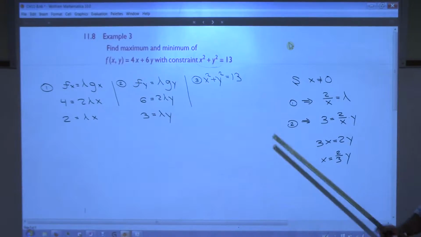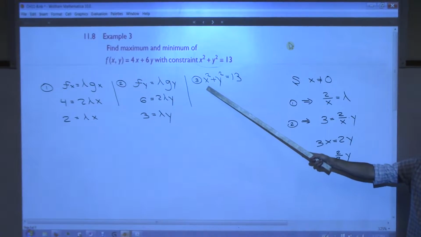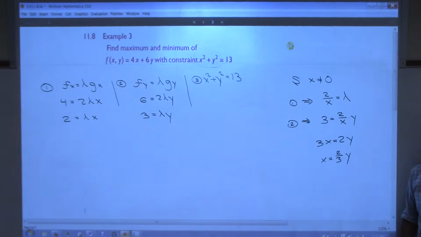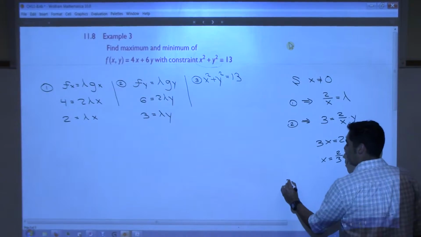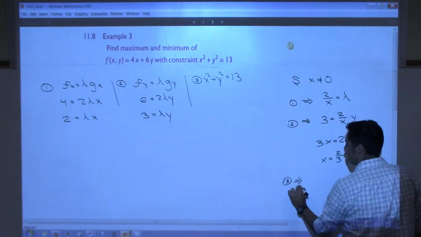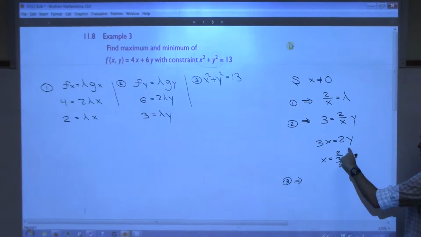I can go to my third equation now. I can replace x with 2/3 y, and now I've got one equation that has just y's in it, don't I? So let me do that. The third equation now becomes what? This is x, right?